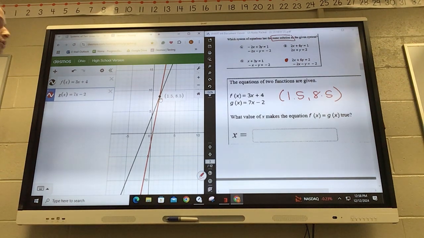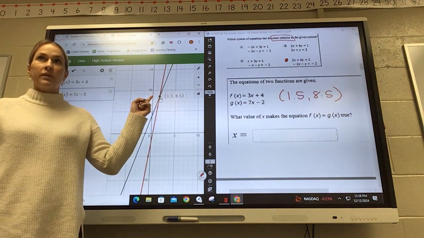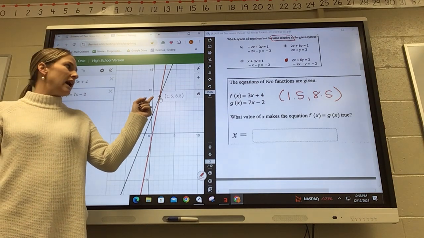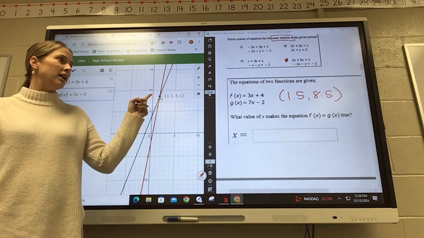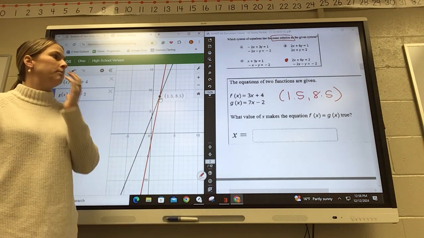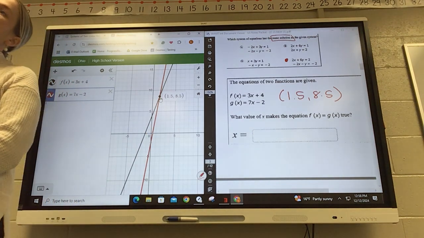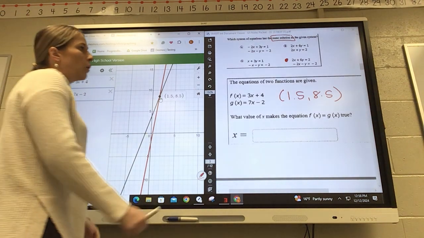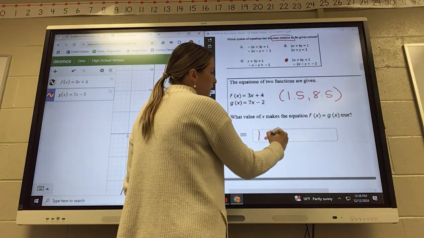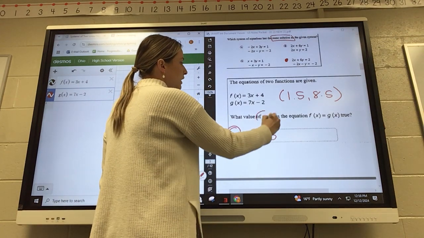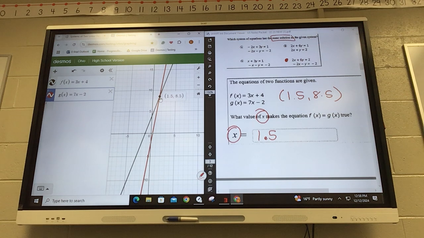Well, first, if they're equal to each other, they need to be the same. So yes, that intersection is correct. They are the same where they cross. There's no other points where they're the same. But what is the x value there? 1.5. So it didn't want the whole solution. It only wanted the x value.